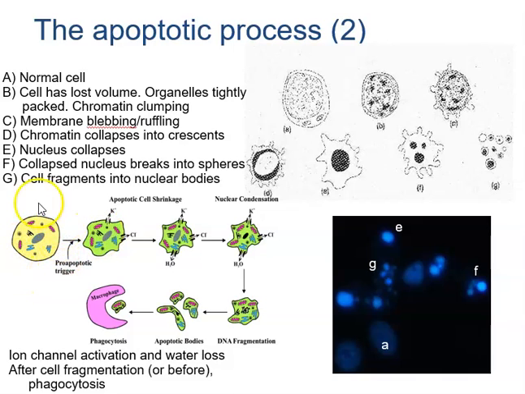And this little diagram shows a normal cell, then an apoptotic trigger, then apoptotic cell shrinkage, where ion channels and water channels change, particularly pumping water out of the cell. So we get cytoplasmic shrinkage, then DNA degradation, and then the cell fragments into apoptotic bodies, which are then taken up by macrophages by phagocytosis.